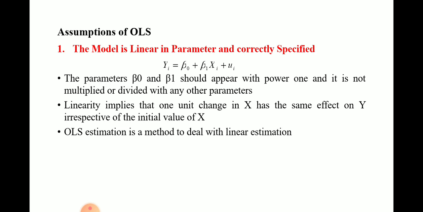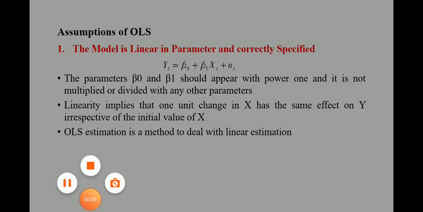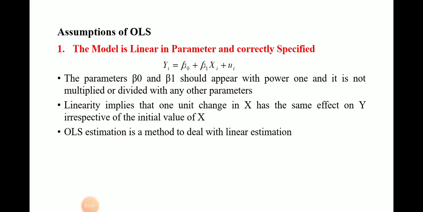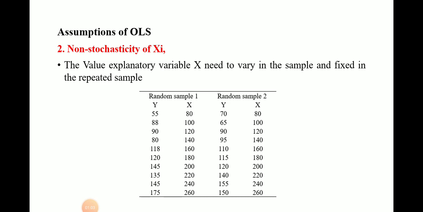So we will discuss what these assumptions are. From the examination point of view, these assumptions are very important. There are mainly three categories of assumptions. The first category is assumptions about the model.